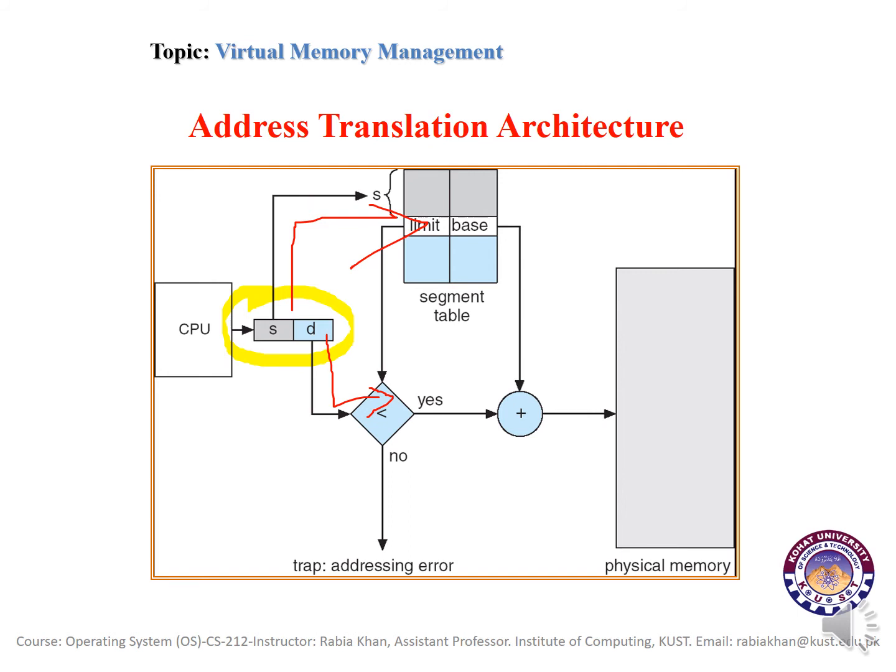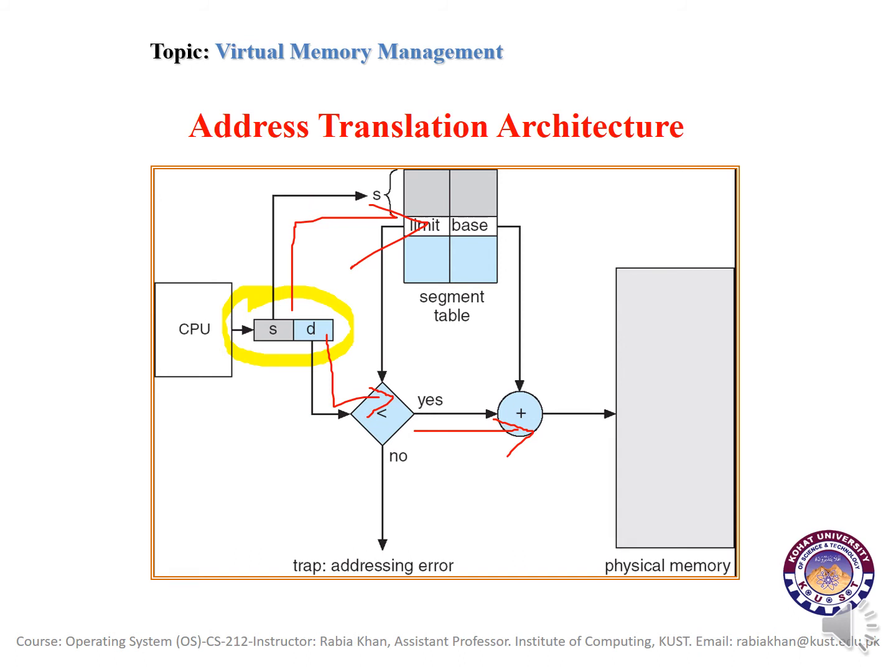If it is part of this particular segment, then the offset gets added to the starting physical address of this segment in order to obtain the actual physical address of the instruction in main memory.